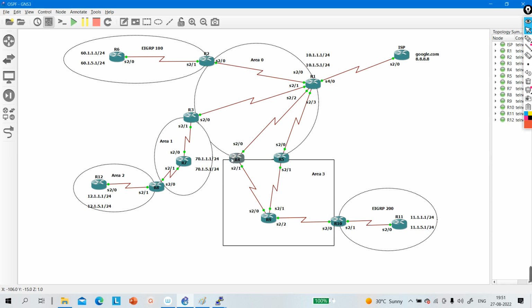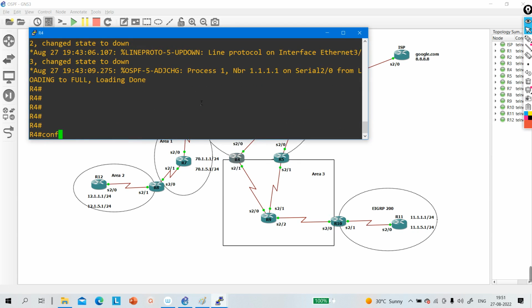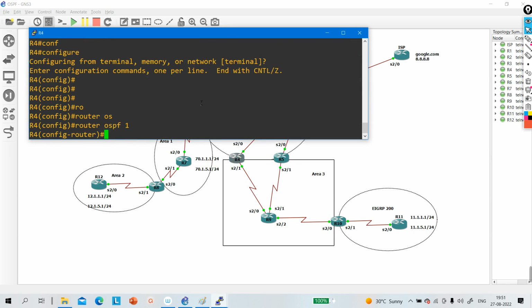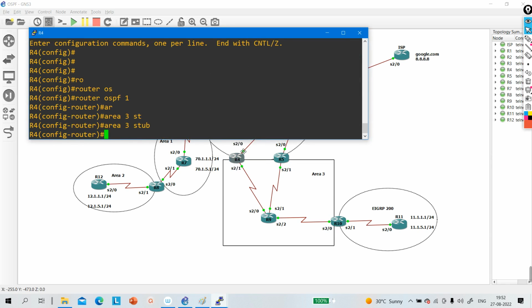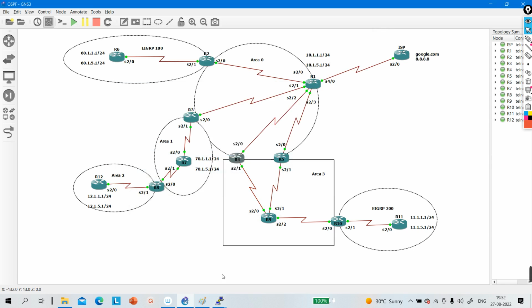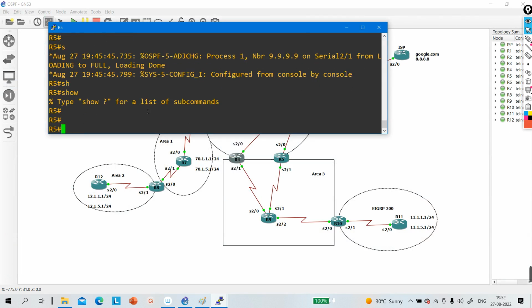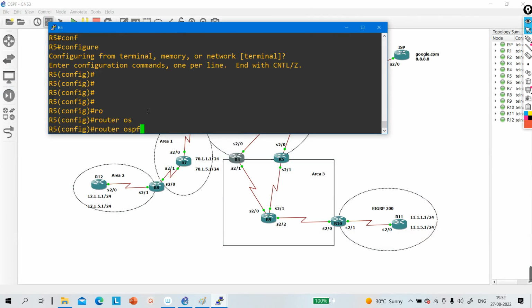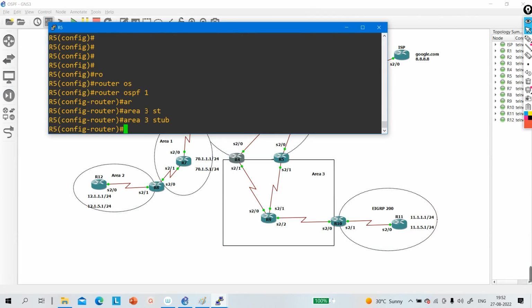A stub area. So go to router 4 first and say router OSPF process ID 1, and area 3 is stub. In the same way I have to tell router 5 also that area 3 is stub. So go to router OSPF process ID 1 and area 3 is stub.